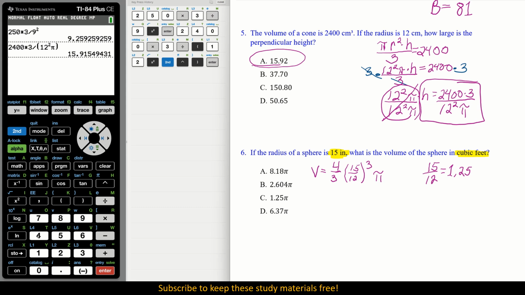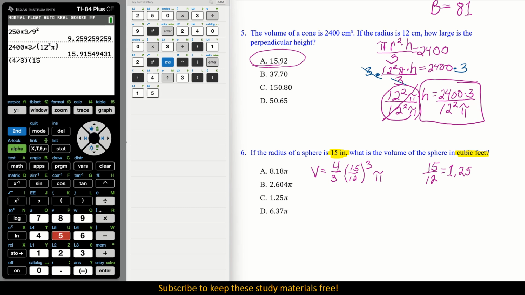So I'm going to use parentheses for everything just in case. 4 divided by 3, parentheses, then parentheses, and 15 divided by 12, close my parentheses. Second, caret up. Oh, no, that's not what I wanted. I wanted caret up 3.